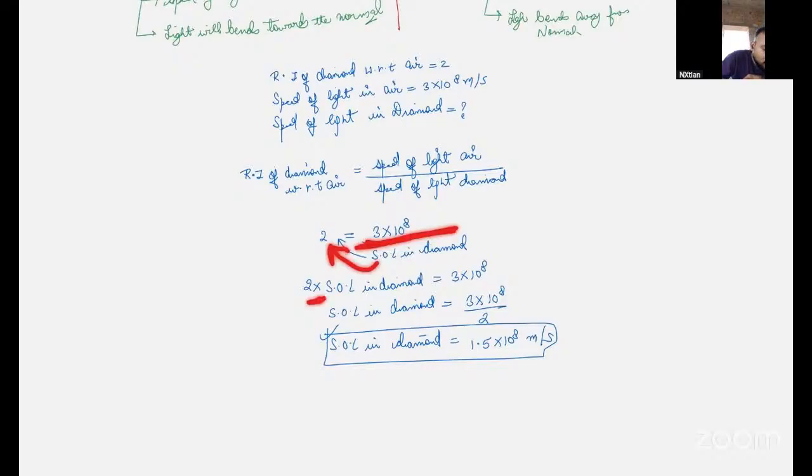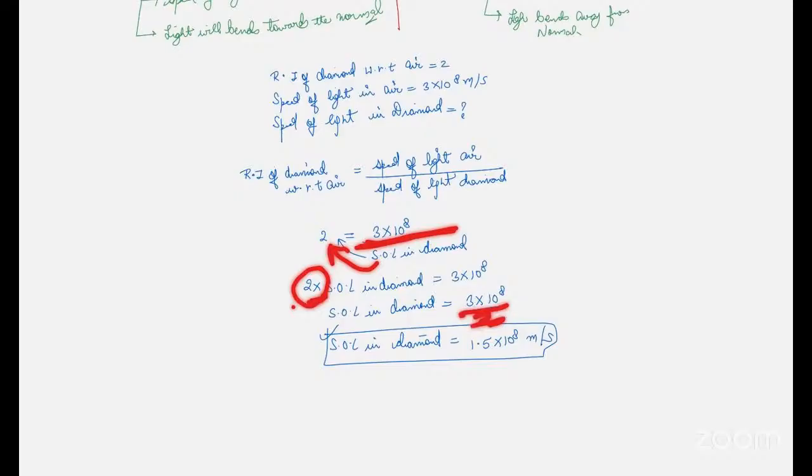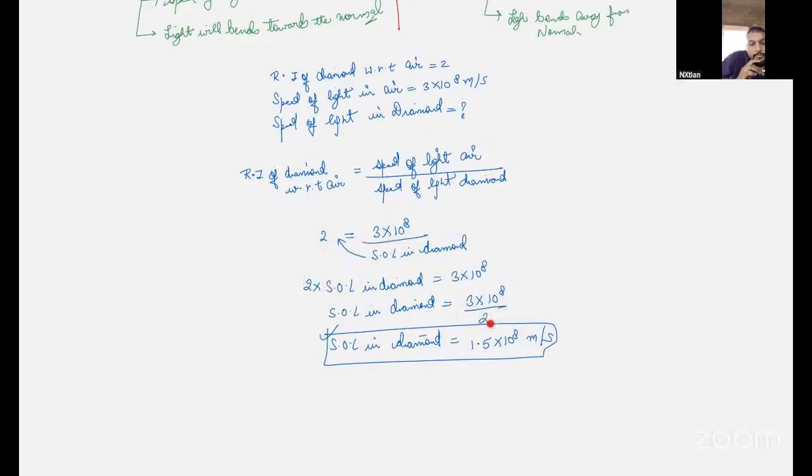Now 2 is in multiplication, it will go that side and divide like this. What is SOL? SOL, speed of light, short form. Now 3 by 2 is 1.5. I put 1.5 and the rest is.